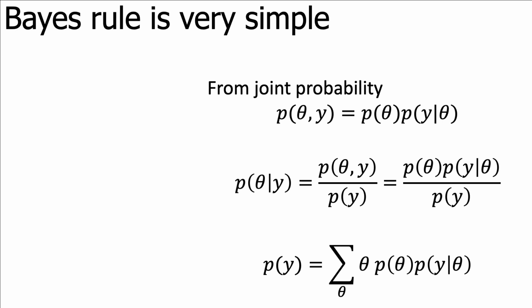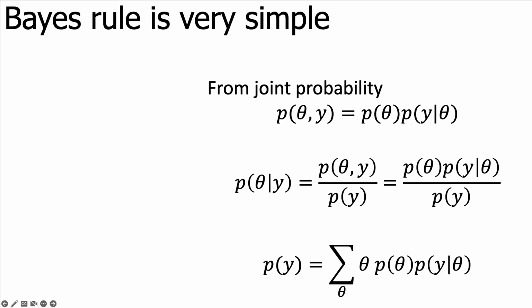This can be relatively easily computed, giving us the formula that the probability of theta, customarily the parameters, conditional on y, which we will be using as measurements, can be expressed as the product of the prior probability of theta and the likelihood that y is consistent with theta, divided by the probability of y.